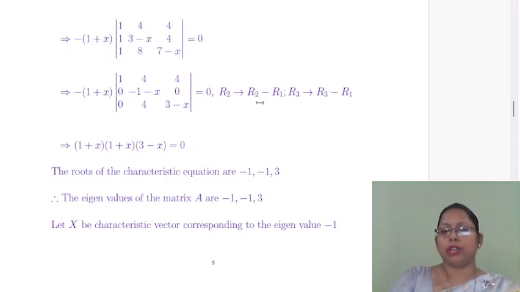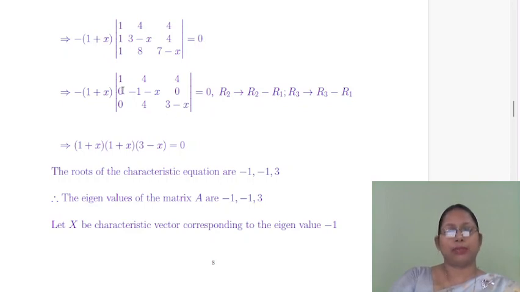Applying the transformations R2 tends to R2 minus R1 and R3 tends to R3 minus R1, this determinant reduces to the equivalent determinant: 1, 4, 4; 0, minus 1 minus x, 0; and again, subtracting, 0, 4, and 3 minus x.